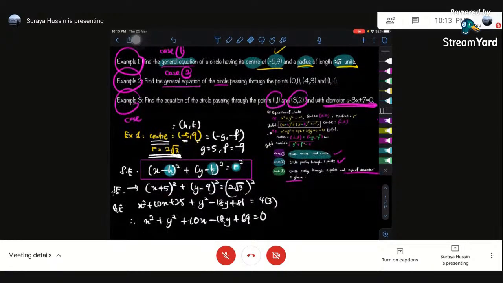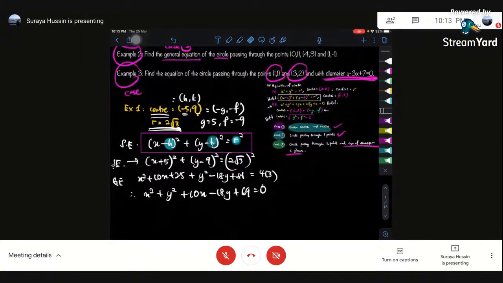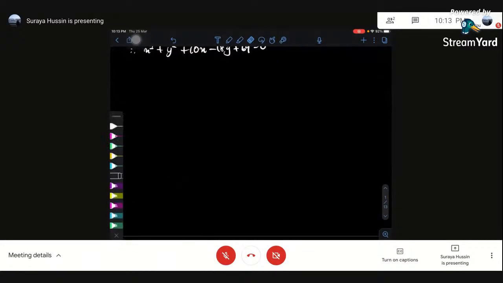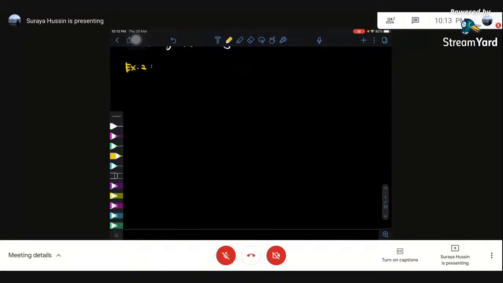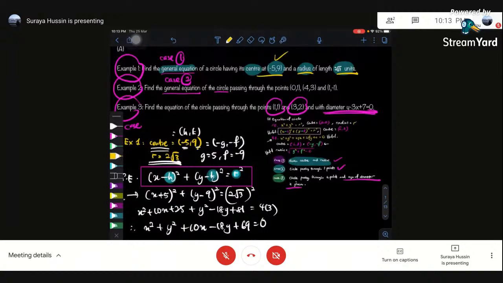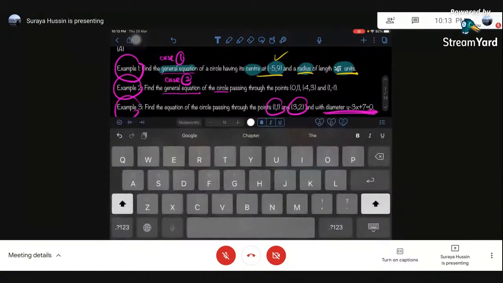Okay. Passing through 3 points. Case kedua ni. So, untuk example kedua, I'm gonna need this. So, you have a circle. Dalam circle tersebut mempunyai, okay, macam ni lah.